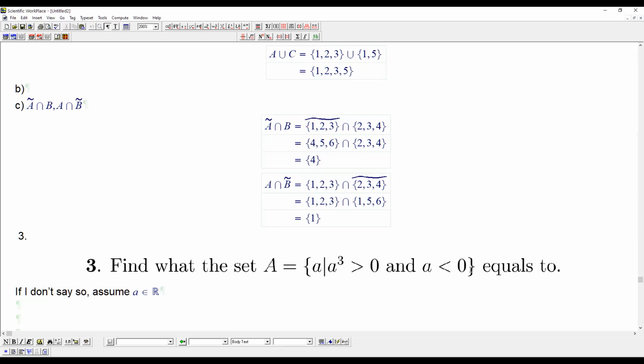So the more precise definition would have been A equals A such that A is an element of the real numbers and A cube is greater than 0 and A is smaller than 0.